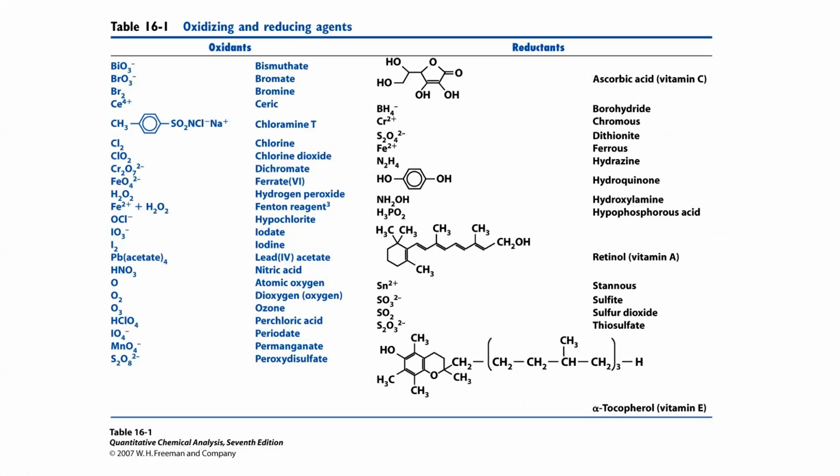So these are examples of different oxidizing and reducing agents that we have. You have bismuthate, bromate, ferric iron, chlorine dioxide, and dichromate is also a popular oxidizing agent. We have iodate, iodine, dioxygen, ozone, periodate, permanganate, peroxydisulfate.